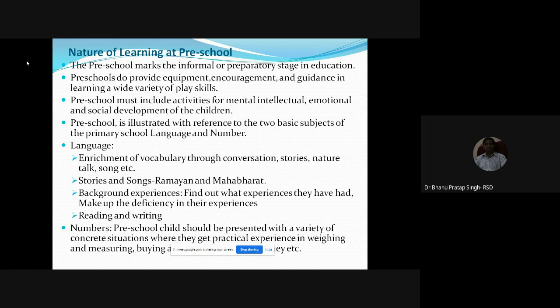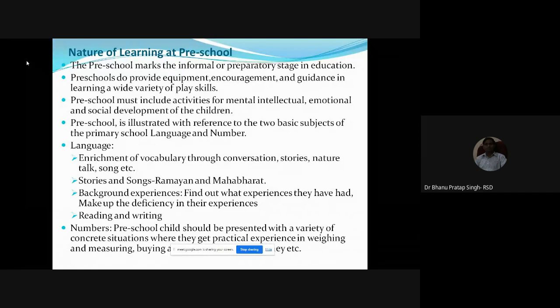Reading and writing also play a very important role in language development, and preschool should stress numbers. If you remember, I said that the three Rs are reading, writing, and arithmetic.